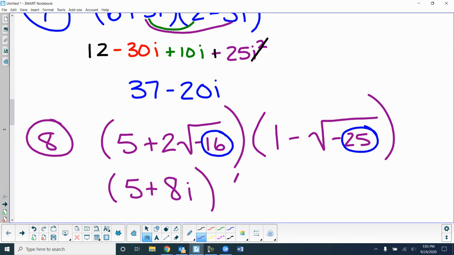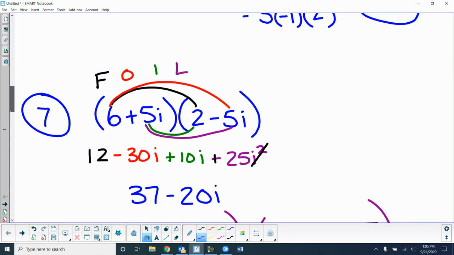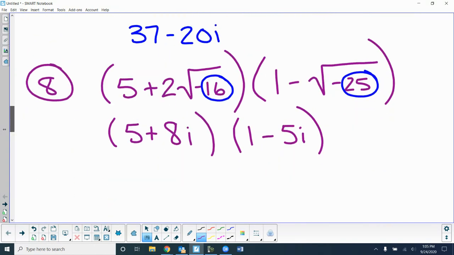On the other side, we've got a 1 minus square root of 25 is 5, and it's negative i. There's nothing left, no radical. So it looks like that. So now number 8 looks like number 7, right? Now we do the same thing. So 5 times 1 is 5. And 5 times negative 5i is negative 25i. And 8i times 1 is 8i.